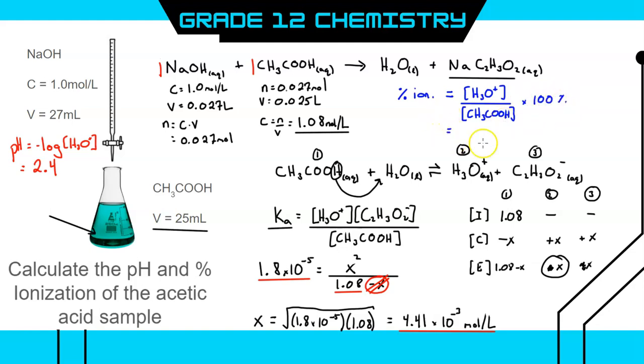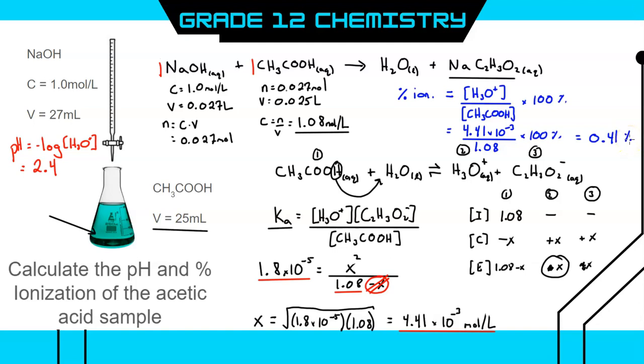So here we have hydronium, 4.41 times 10 to the minus 3 moles per liter, divided by the original concentration of our acid, which was 1.08, and times 100%, and we get a percent ionization of 0.41%.